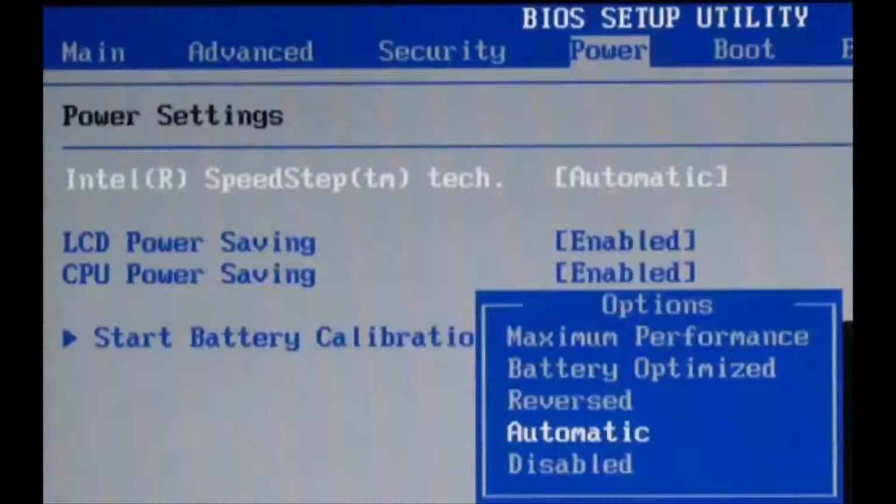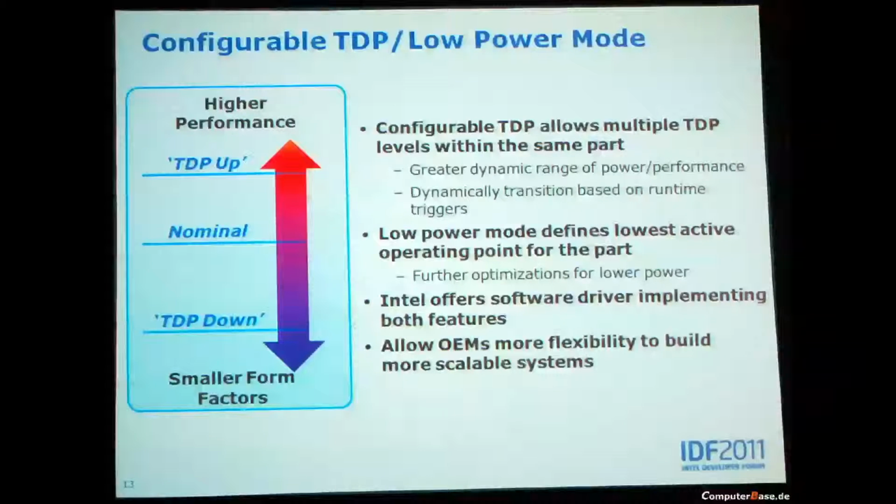Another thing that they tweaked on Ivy Bridge is that there are more speed steps or more levels of processor speed that's selectable to you. Now on Sandy Bridge, you had 3 speed steps available to you. First, you have something called LFM mode, and that's the slowest that the CPU is going to clock itself at.